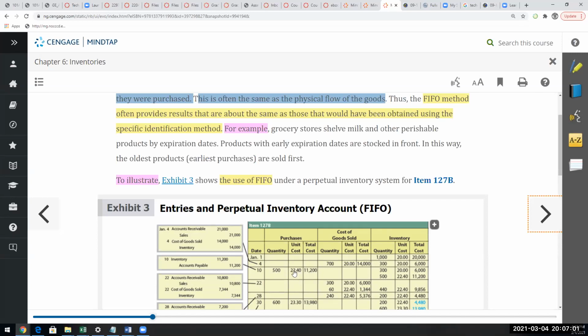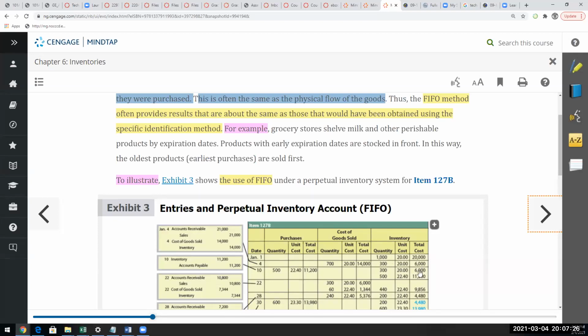So I'm going to pause right now because I can't teach you the right side of it until you understand the left side. Are we all good with these numbers that are on the left-hand side? Because since we have 300 left from the earlier transaction, we're going to buy 500 more, but they're different value. They're identical units. So you can see right now, I had this 300 and then 6,000.